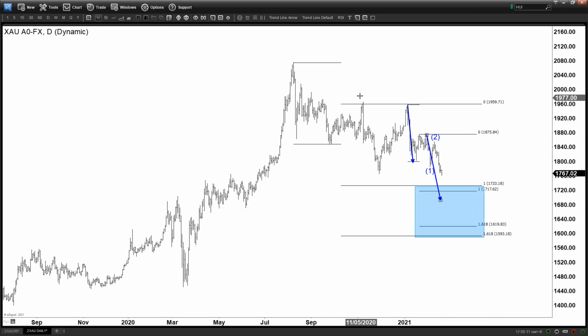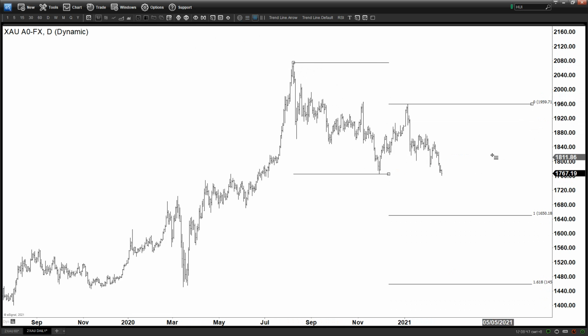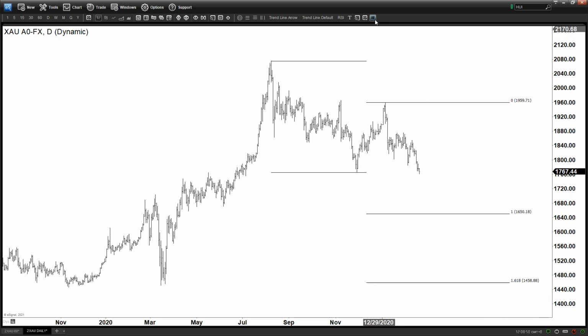So eventually we are expecting gold to finish this multi-month consolidation, this multi-month correction, and then start the next leg higher again. Now another potential is using the extreme connector in the extreme leg here. If you use this, then it can potentially go to 1650 and 1458 as a potential target, because the structure of the decline is not very well defined. It's a little bit of a mess. So you can use this, but it doesn't necessarily have to reach 1650 for sure.